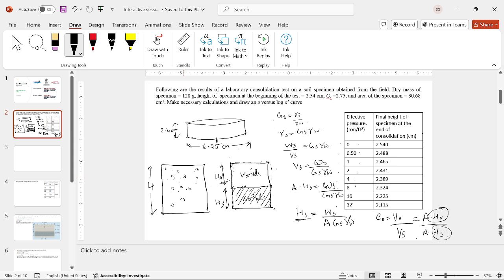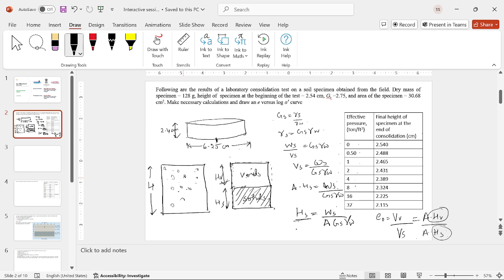Even if it is not saturated, still the sample will have solids and voids, and we want to calculate the height of these solids, and we calculate it from here, height of solid, and from the total height we can know the height of voids.